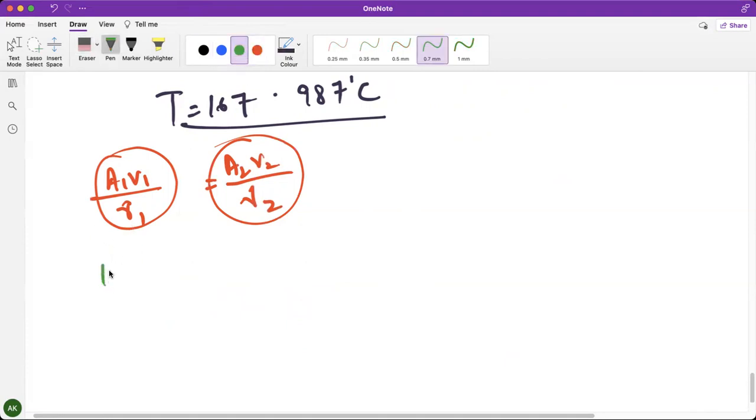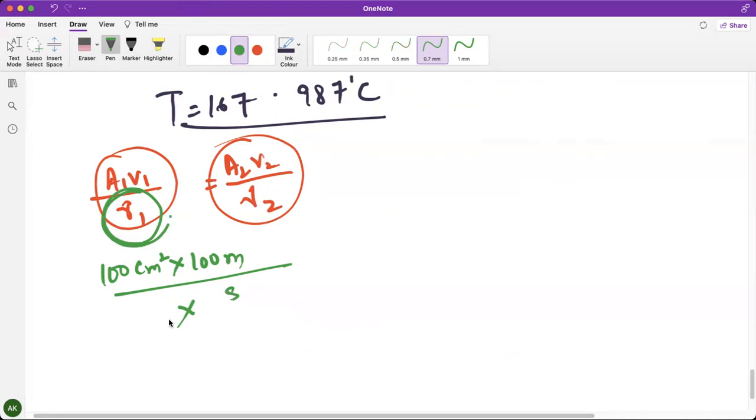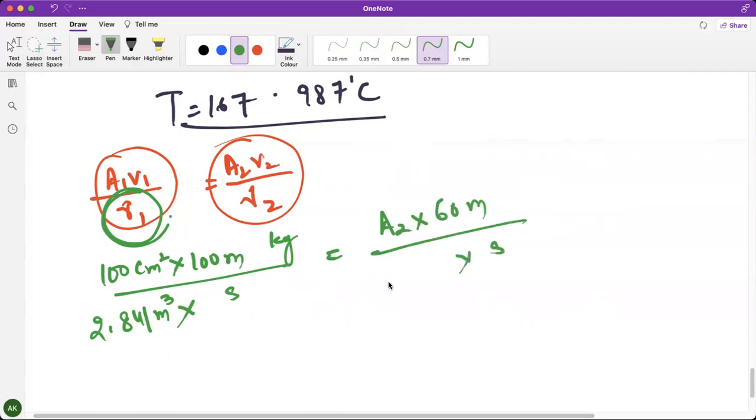So in this, if we substitute the values of 100 centimeters square into 100 meters per second into the specific volume values at 0.7 bars and 160 degrees Celsius, they are 2.841 meter cube per kg, and this is A2 we need to find out. This is 60 meters per second, and the value of specific volume at outlet is 2.022 meter cube per kg.